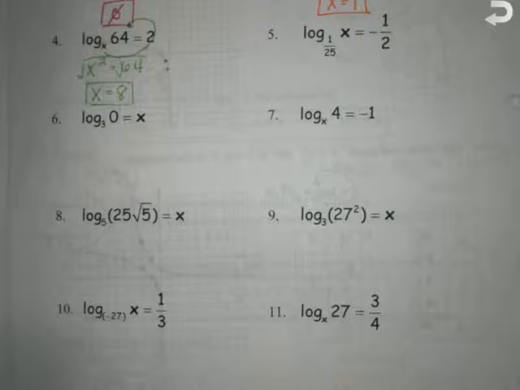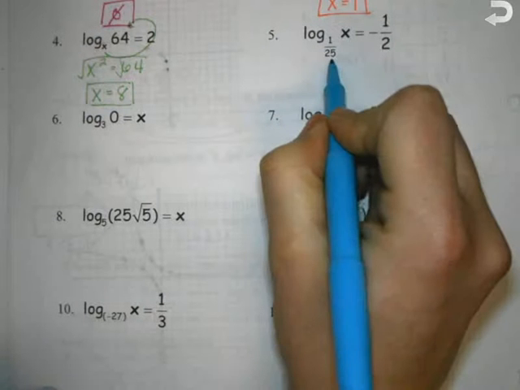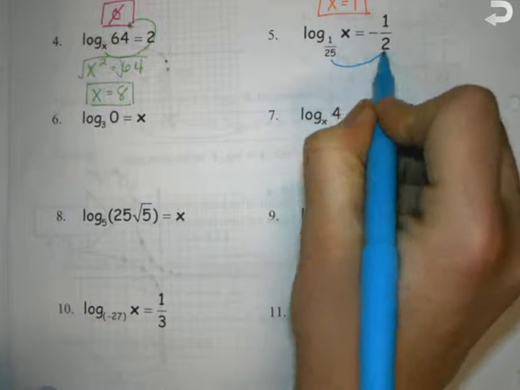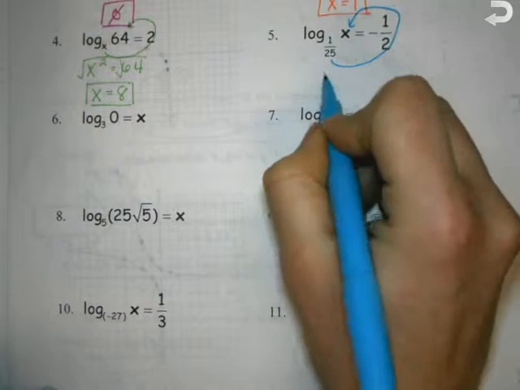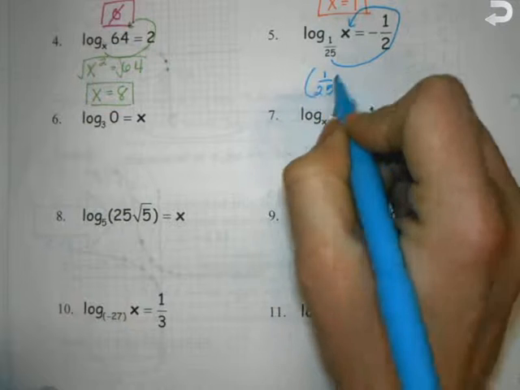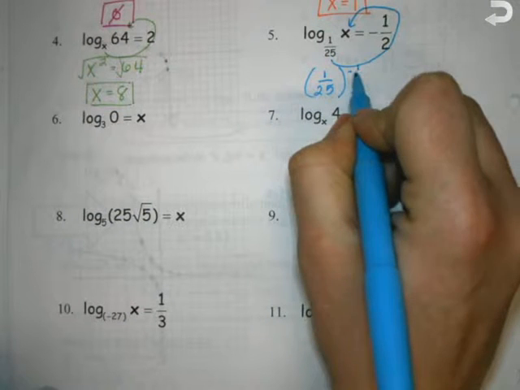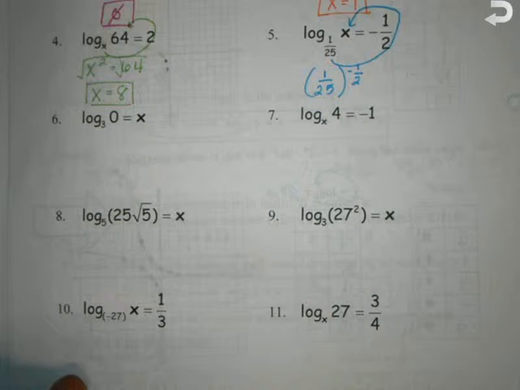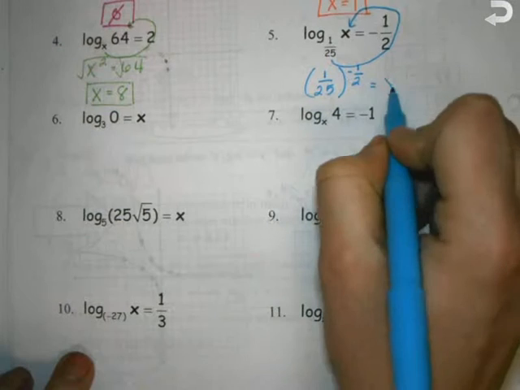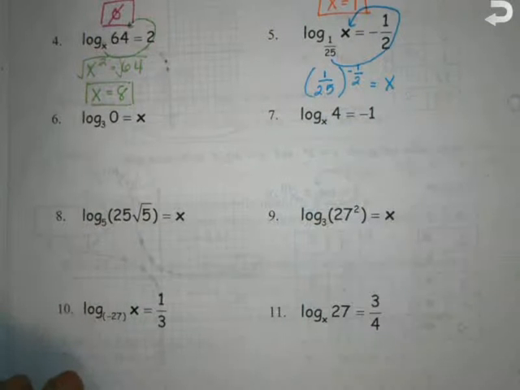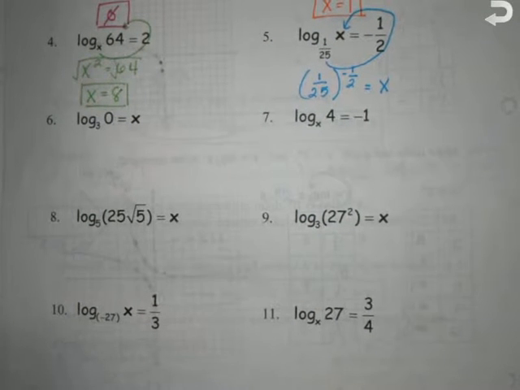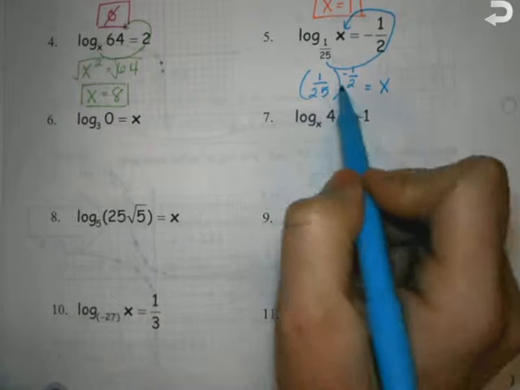Number 5. 1 over 25 to the negative 1/2. So make sure you put it in parentheses and then raise it to the negative 1/2 is equal to x. Okay, before we start worrying about the fact that our exponent is a fraction, let's worry about that negative first.